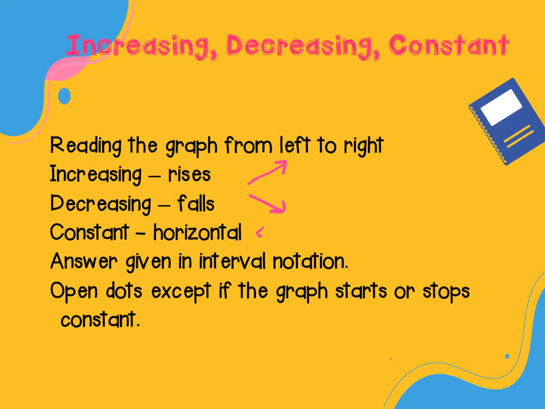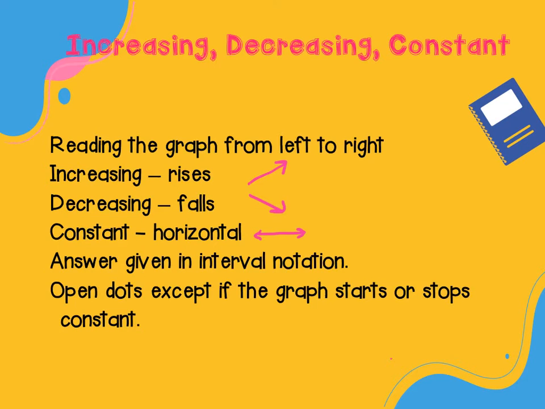And if it's flat or horizontal, that's not very flat, but you get the point. If it is horizontal, then it's called constant. It's not increasing or decreasing. Our answers are also given in interval notation this way.